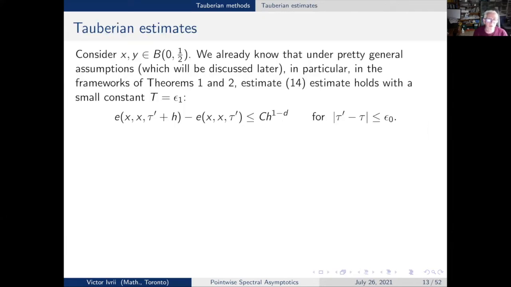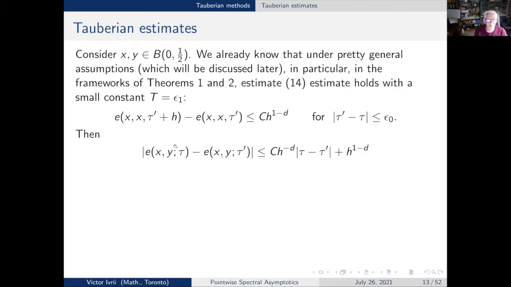Consider now x and y, which are not equal. We already know, under pretty general assumptions which we will discuss later, in particular in the framework of theorem 2, that estimate 14 holds with a small constant T, like this one.